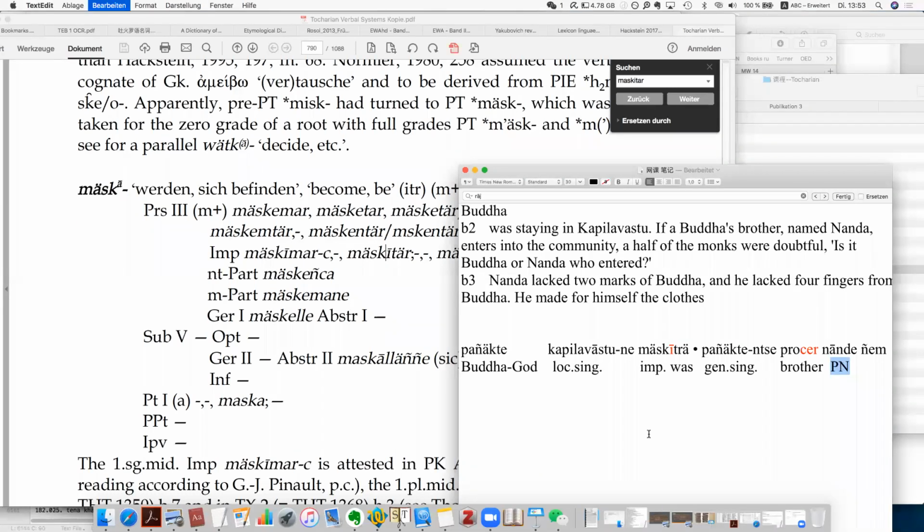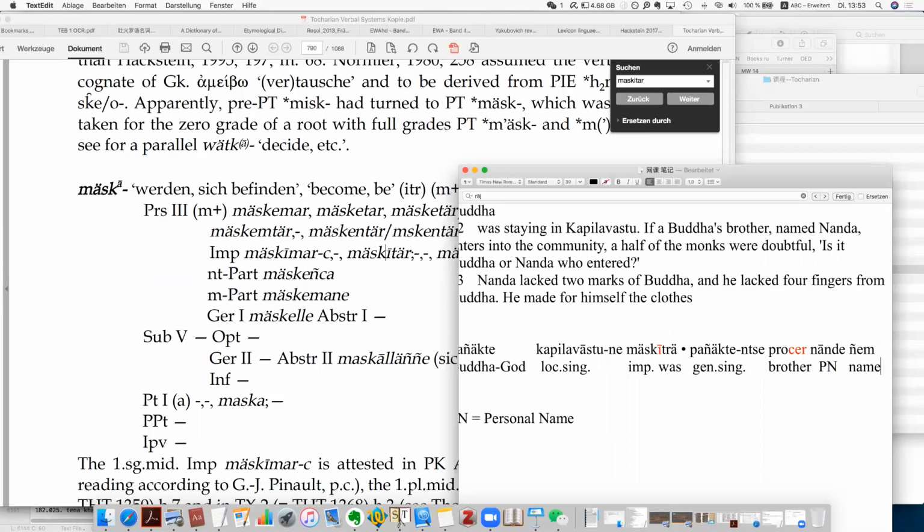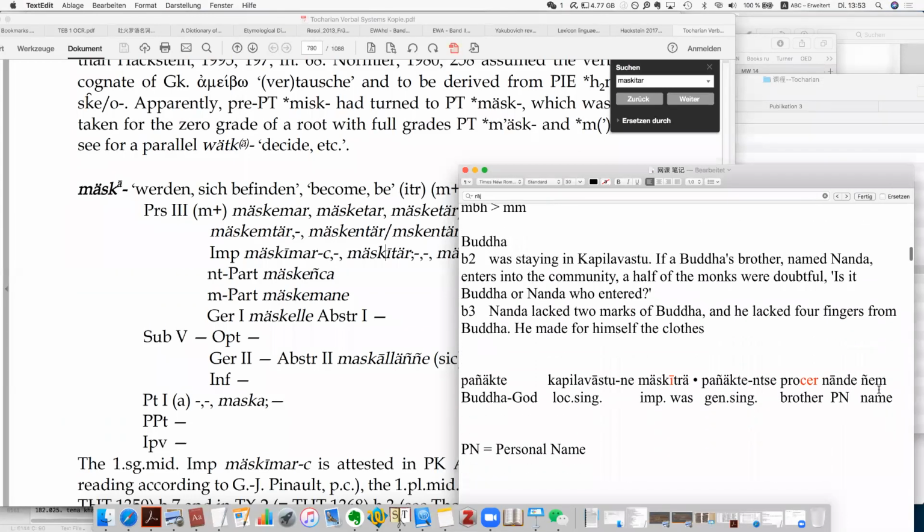PN is for a personal name. And Nian is really name. This is related to the English word name. Okay, so this is actually the sentence. We're not going to read a lot.